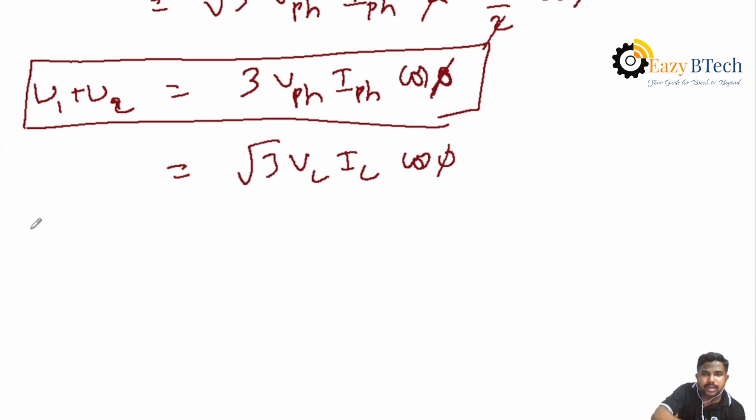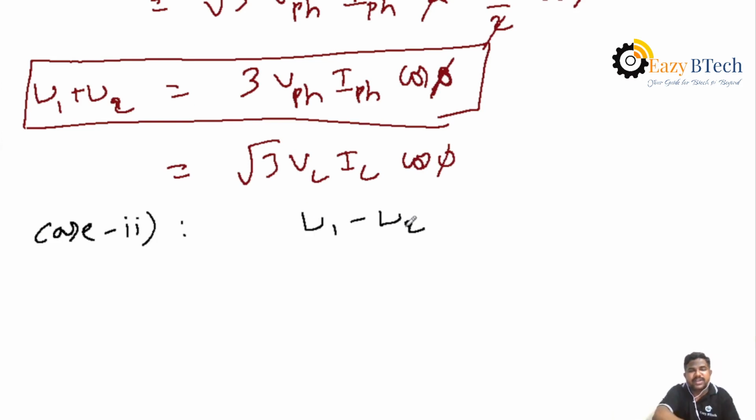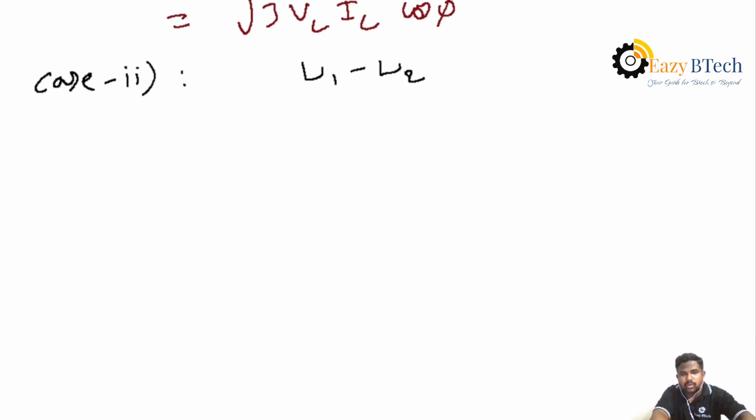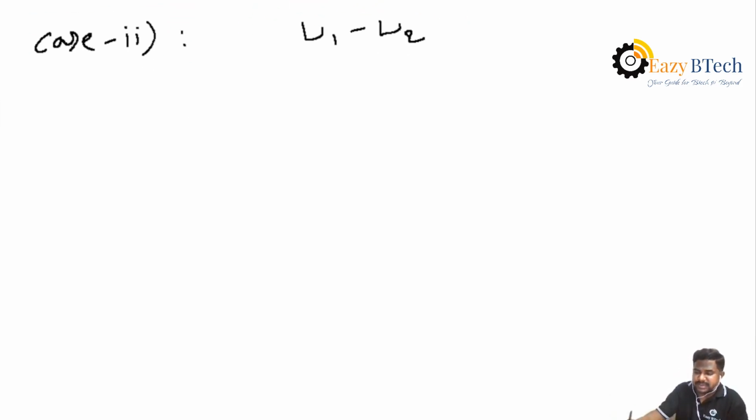Similarly, case 2: we have to find the difference between the two wattmeter readings. In the same manner, you have to find W1 minus W2.